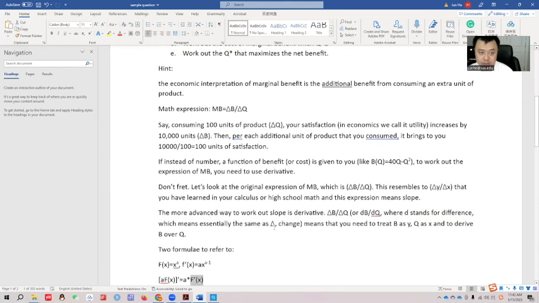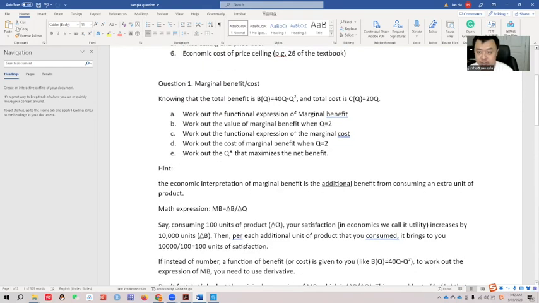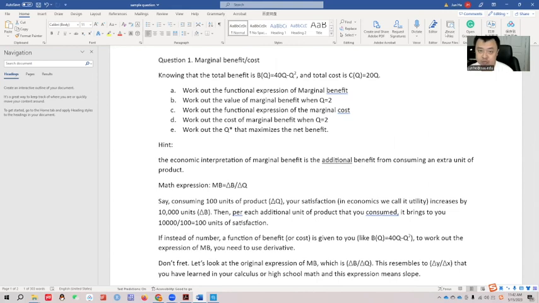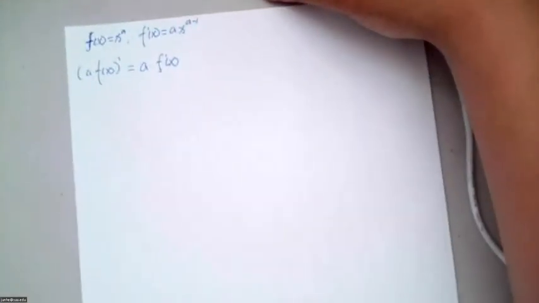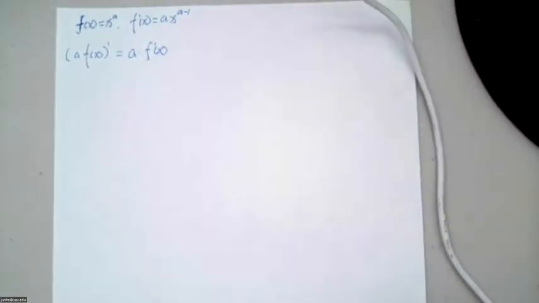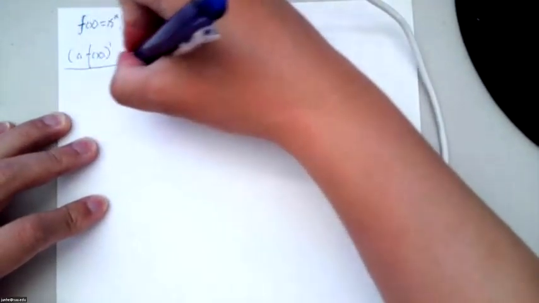All right. So those are all the preparations. Let's look at the question. I'm going to switch to my document camera so as to show you how the problem is solved. Here, I'm going to copy down the problem.